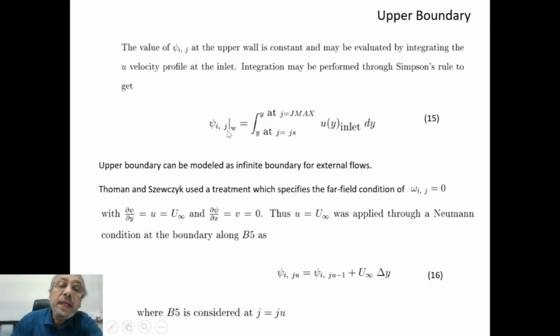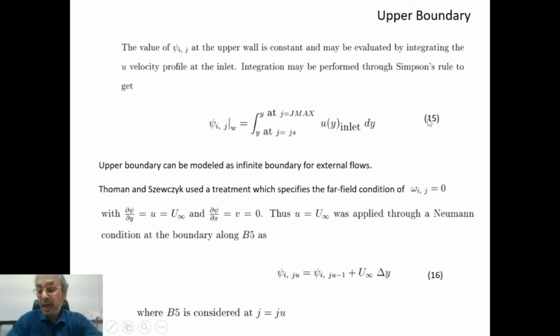So psi_ij at W, that means the upper wall, equals the integral from y at j equal to 1, the bottom wall here, to y at j equal to j max. J max is the last point in the j direction, which is at the wall, of u(y) at the inlet dy, equation 15.